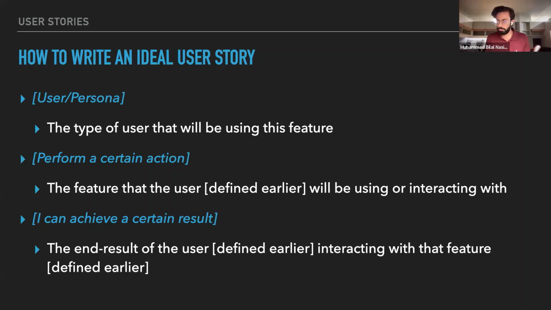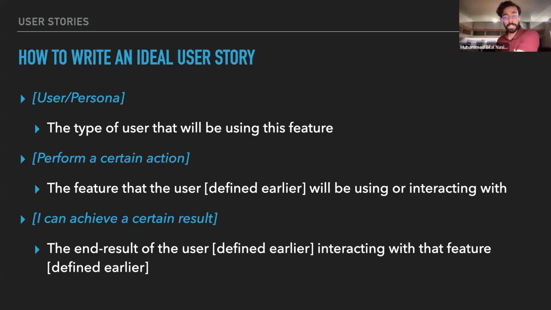Otherwise it just will not make sense. Perform a certain action: the feature that the user defined earlier will be using or interacting with. You need to define that feature as well, because without it the story won't really exist. What's the action, what will that feature allow you to perform?